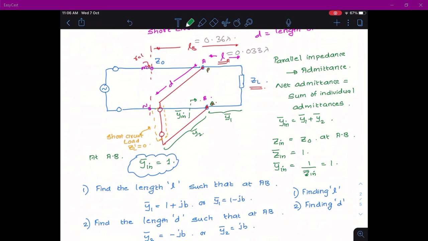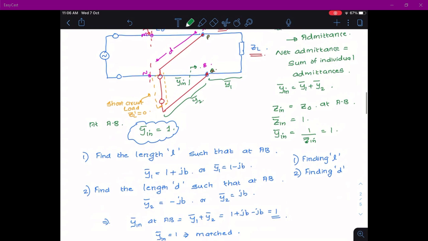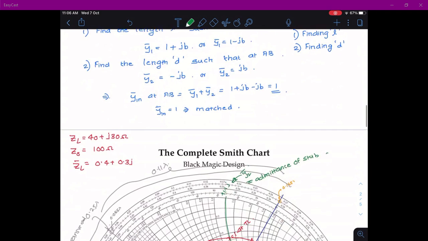Now in the same point you should have minus YB or plus YB. So you find out the circle which has only constant reactance. Okay.